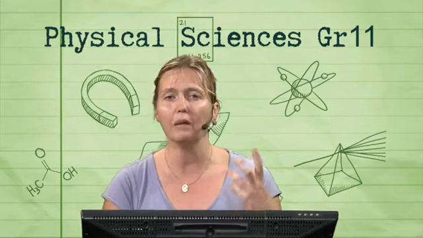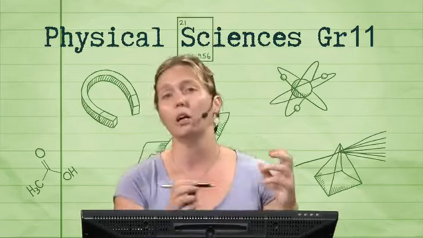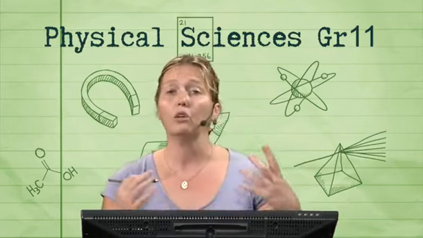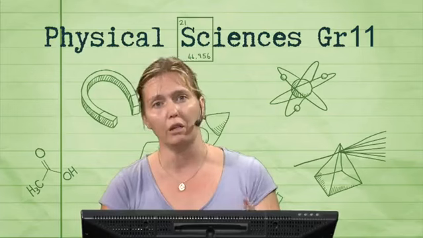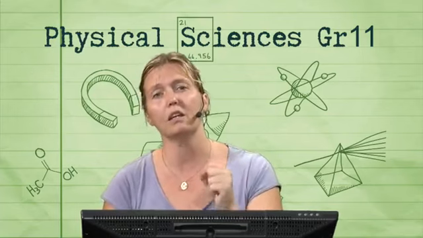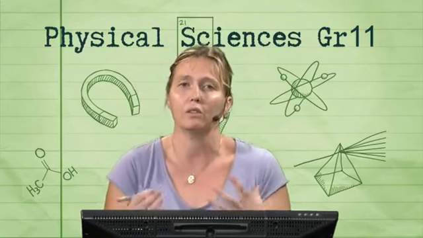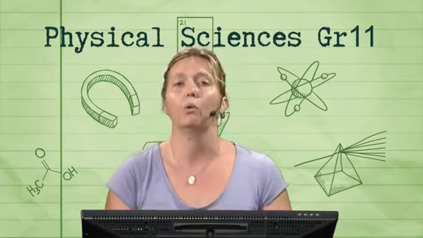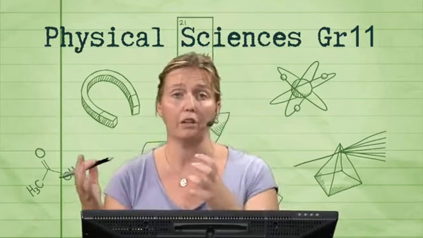So you need to be able to explain why an object is standing still or why an object is moving using all of Newton's laws, Newton 1, Newton 2, and Newton 3, when we get to Newton 3. So just because an object is standing still does not mean you can't explain it using Newton's second law of motion, where it says that an object will accelerate if there's a net force.